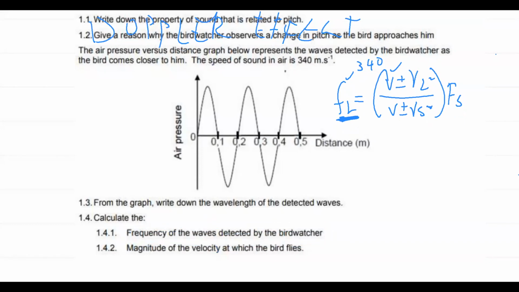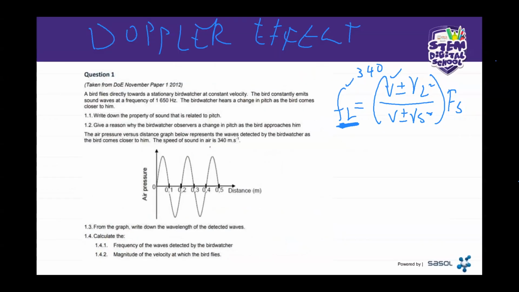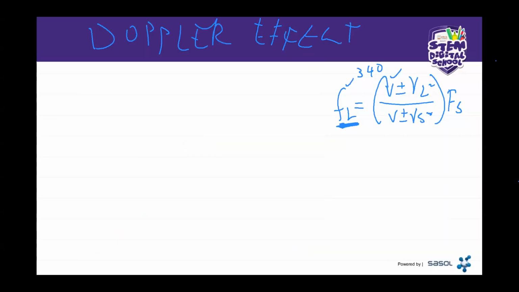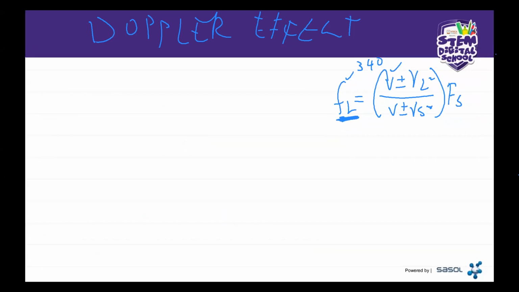So how are we going to calculate that? 1.4.1. We know that there's this formula. Let me just make it the standard one before I substitute.